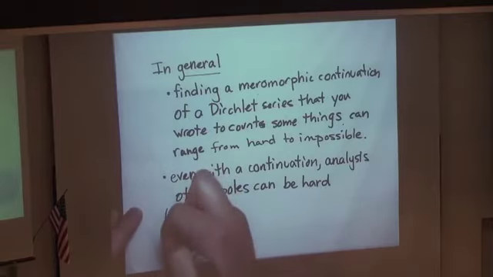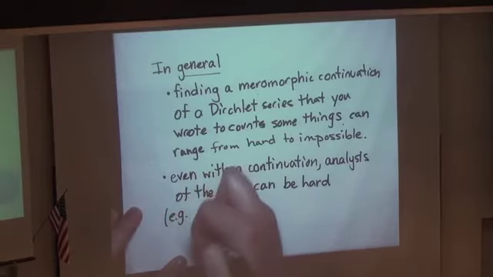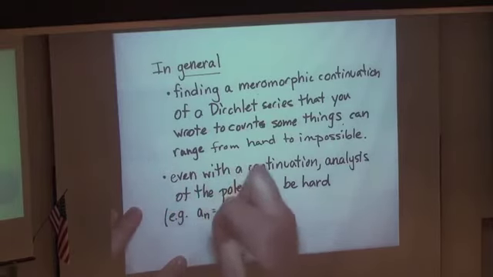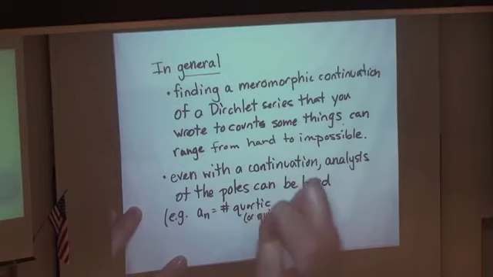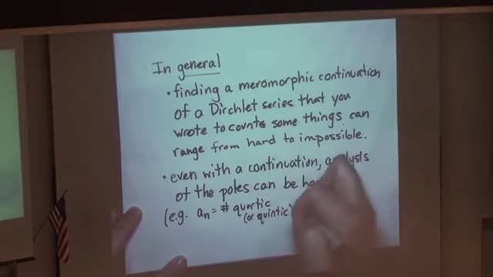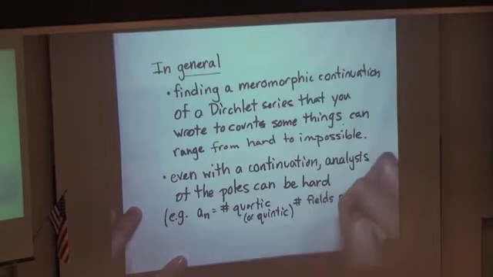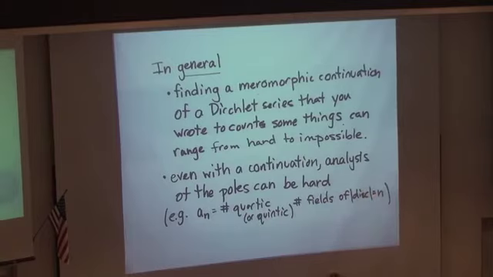So here, let me just say, for example, let A_N be the number of quartic or quintic number fields of discriminant N.